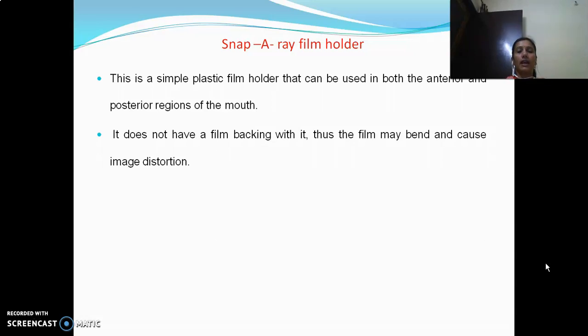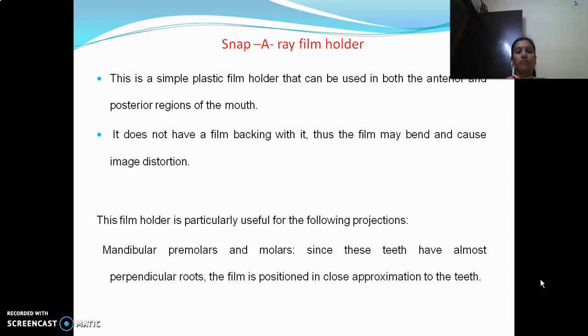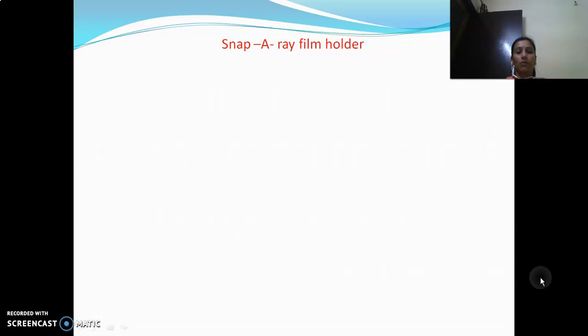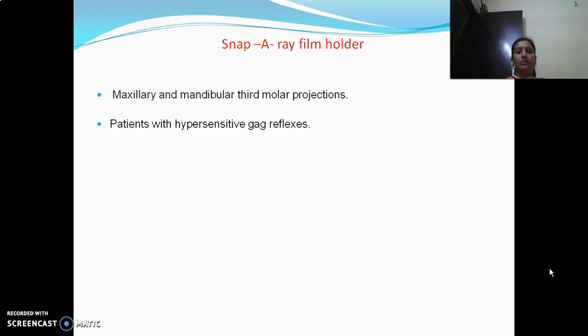It does not have a film backing, so the film may bend and cause image distortion. It is particularly used in mandibular premolar and molar projections and also in maxillary and mandibular third molar projections. It can also be used in patients with hypersensitive gag reflexes.